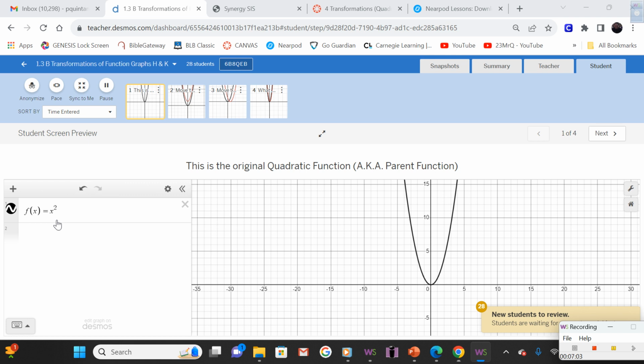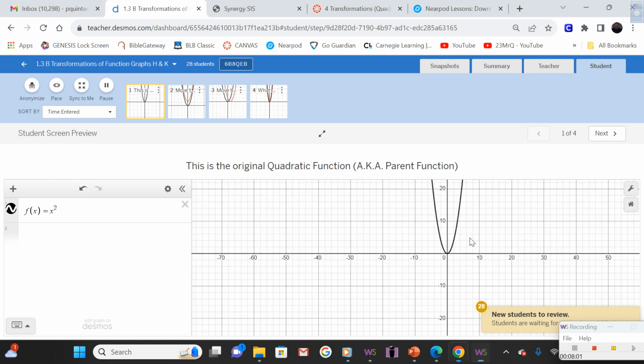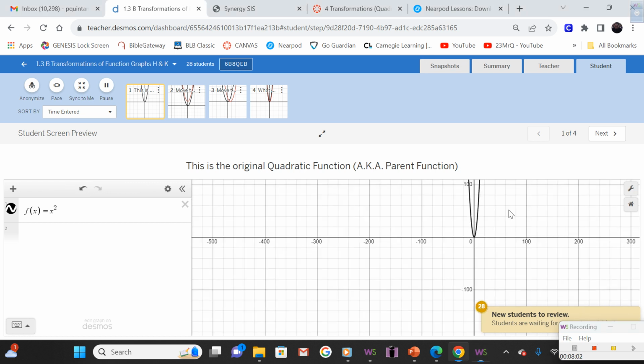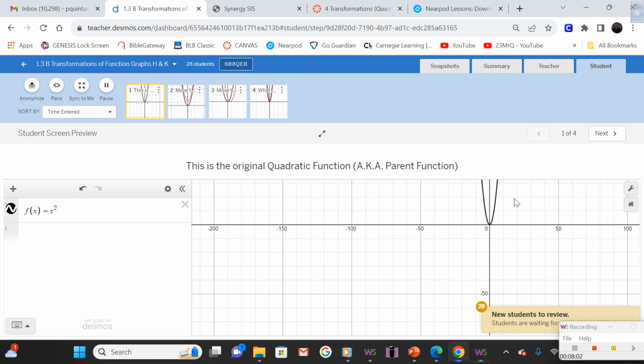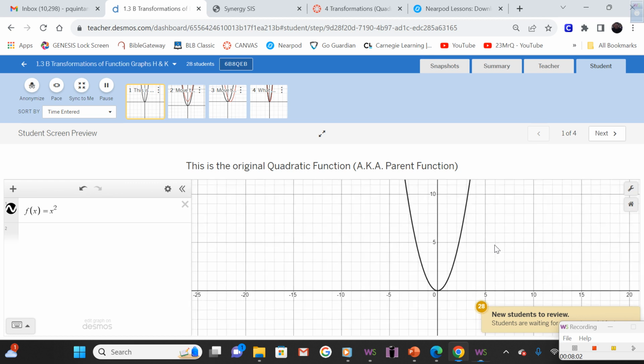Does that look familiar? Yes, Mr. Q, it's my home plate. Yes, that was last night's home plate. And did it look like that? Yes, except if you notice, I'm going to zoom out and it continues going and going. It doesn't stop because the arrows indicate that it keeps going, but I'm going to leave it about right there.